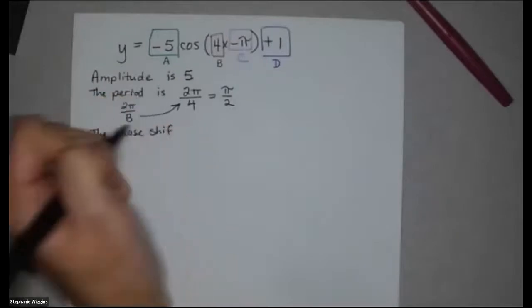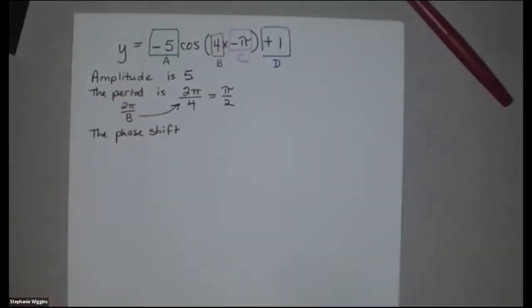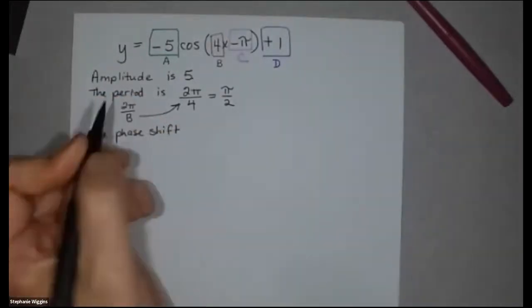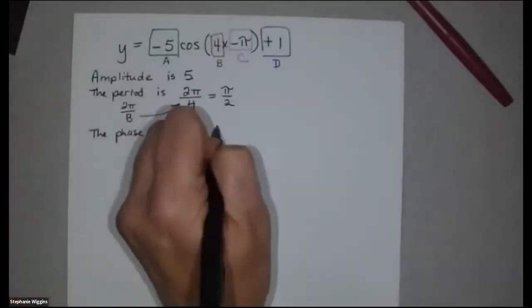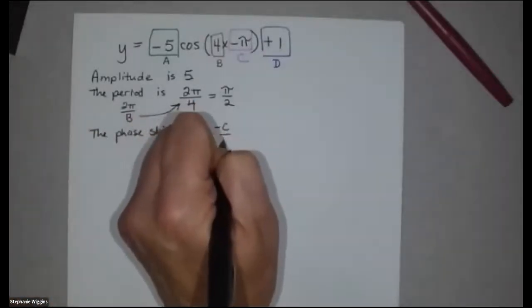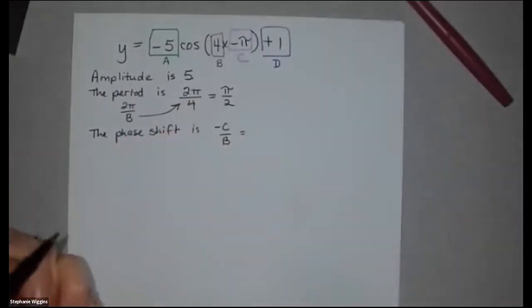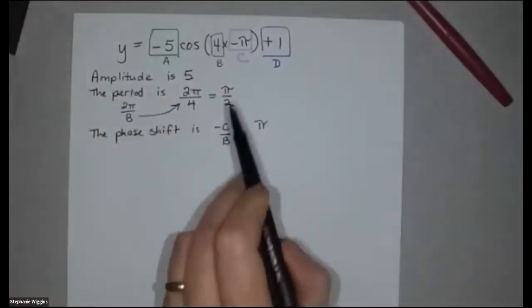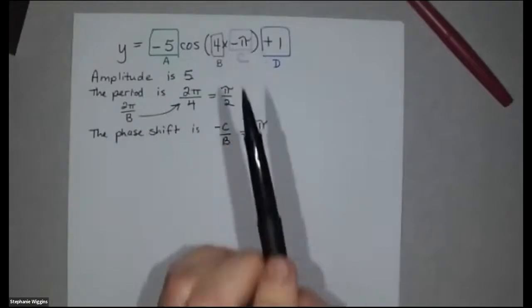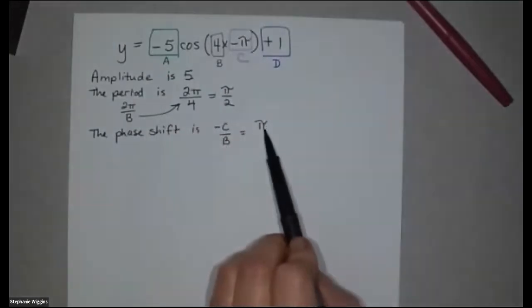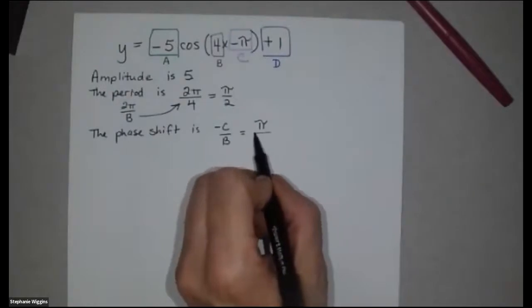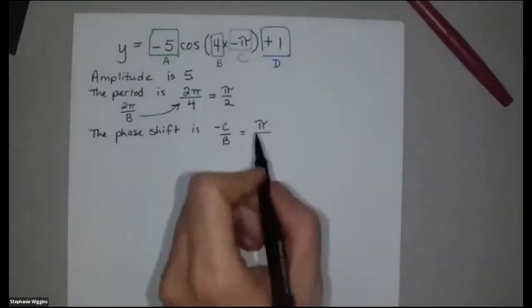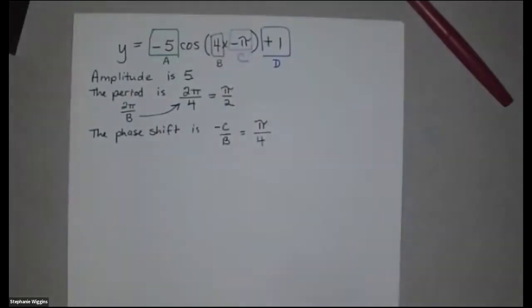The phase shift, this is the horizontal shift, is negative C over B, which in this case is the opposite sign of C. C is negative pi, so the opposite sign is positive pi. And then I'm dividing by 4. So this is my phase shift right here.